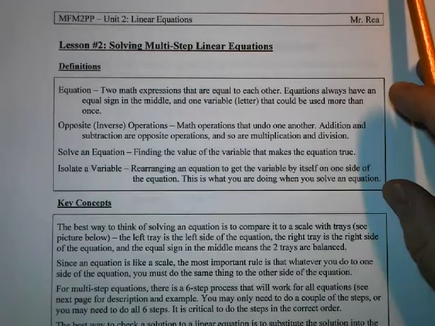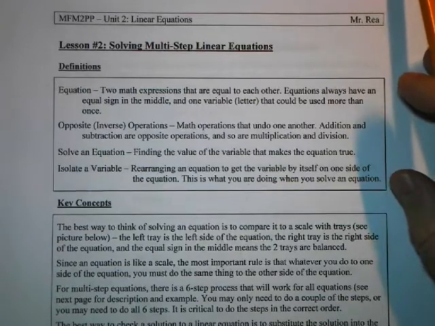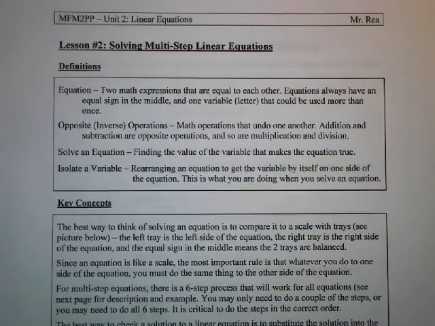But you're going to see some more complicated looking equations that are definitely more than 2 steps, possibly 6 steps. So today it's basically part 2 of solving linear equations.